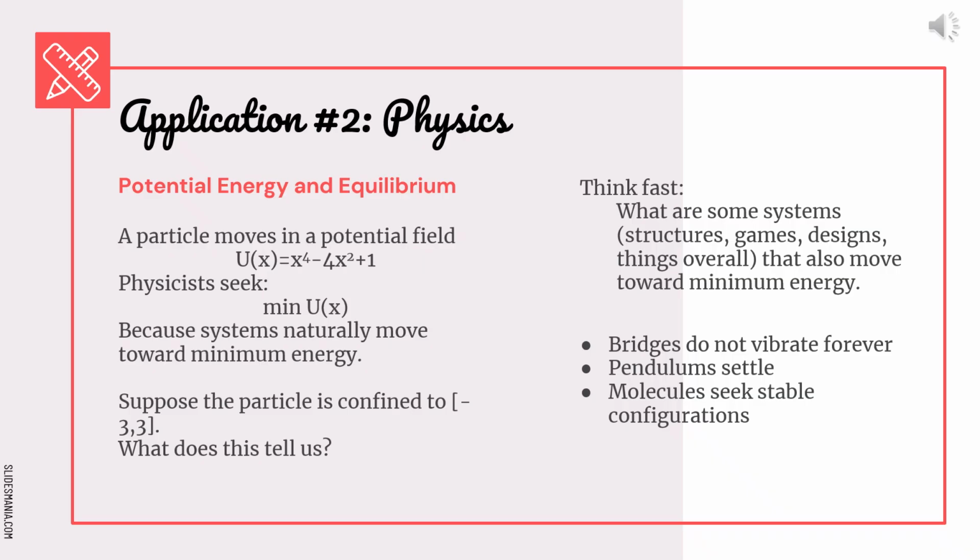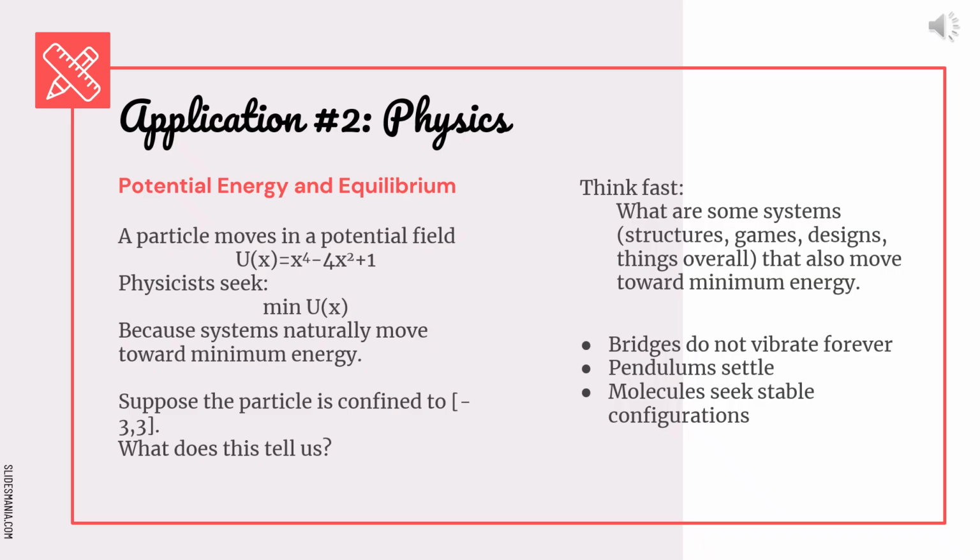Pendulums settle. Molecules seek stable configurations. These are examples where you want to seek the minimum of potential energy to find that equilibrium. You don't want a bridge to vibrate forever, because it can break down.